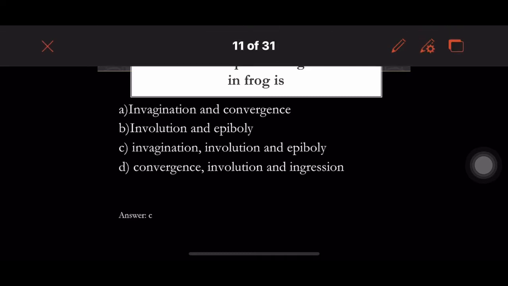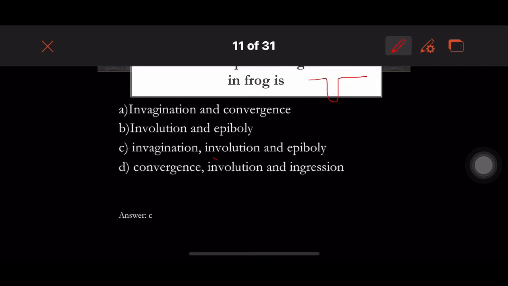So what is invagination? Invagination involves the folding of the epithelium into the interior of the embryo, like this. Here the cells do not lose contact with the adjacent cells in the epithelium. Basically it resembles pushing a thumb inside a rubber ball, which shows invagination movement.